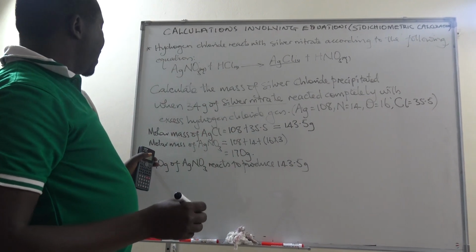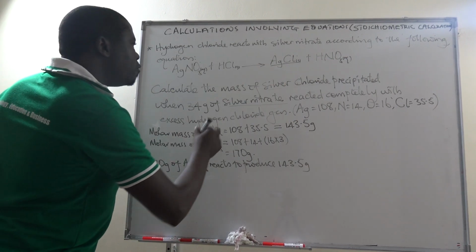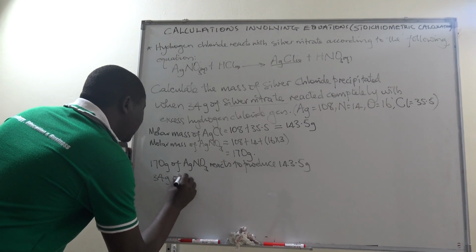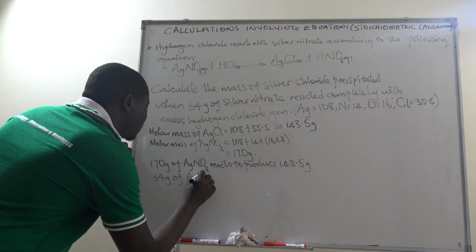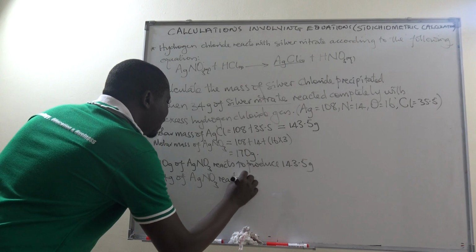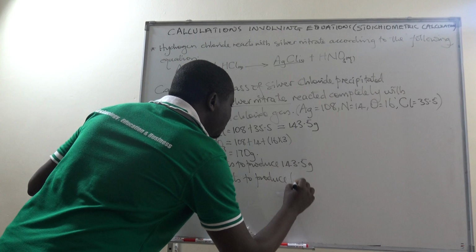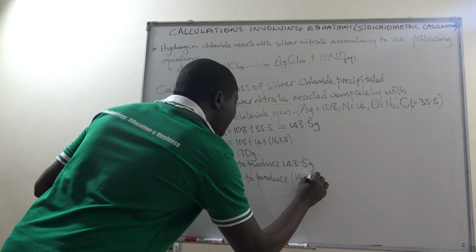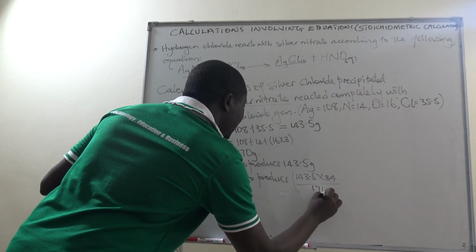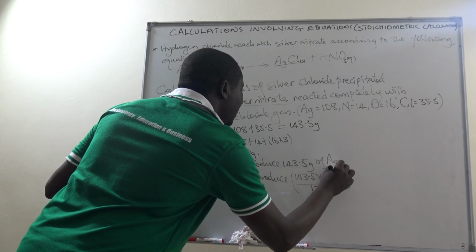We are not multiplying by anything in this case because we have 1 mole of the two chemical species. And then what of the 34 grams? 34 grams of silver nitrate reacts to produce, then we cross multiply, 143.5 times 34 over 170 grams of silver chloride.